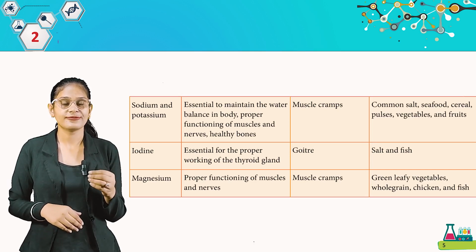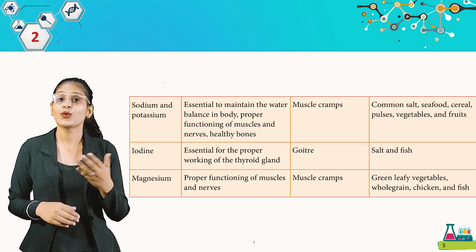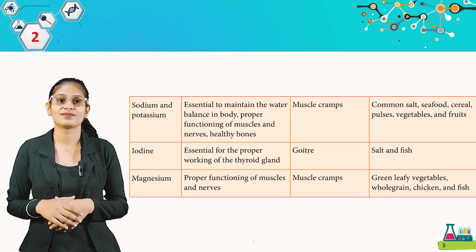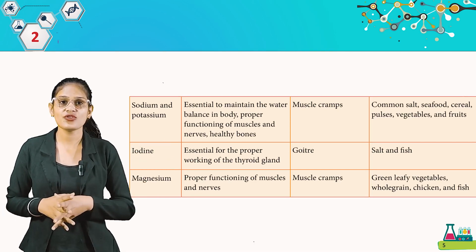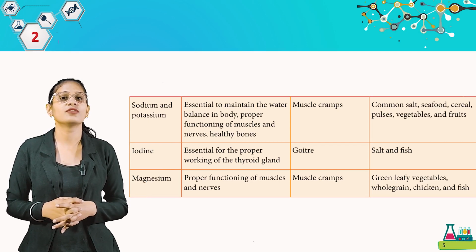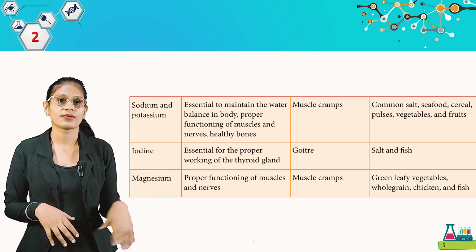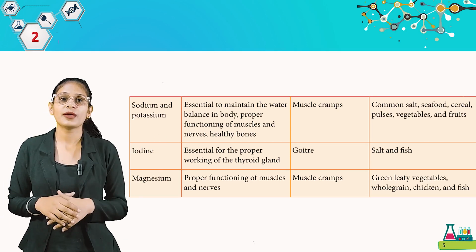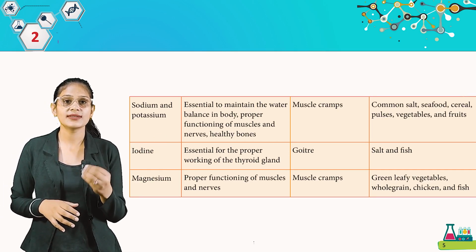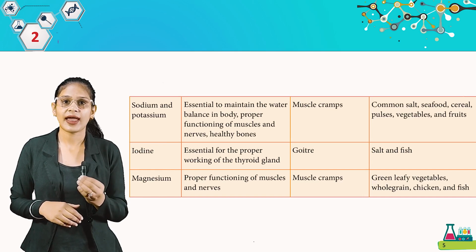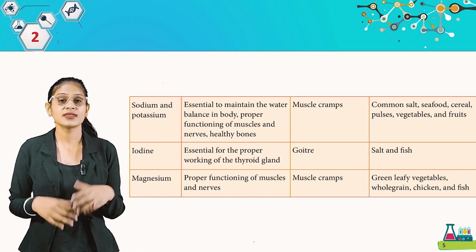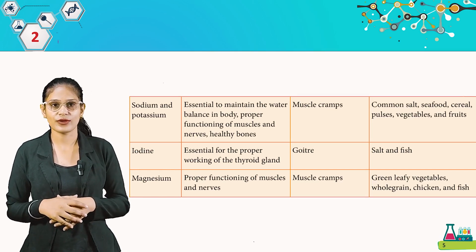Common salt, seafood, cereal, pulses, vegetables and fruits. Here, iodine, essential for the proper working of the thyroid gland. Goiter; salt and fish. Here is magnesium, proper functioning of muscles and nerves. Muscle cramps; green leafy vegetables, whole grain, chicken and fish.